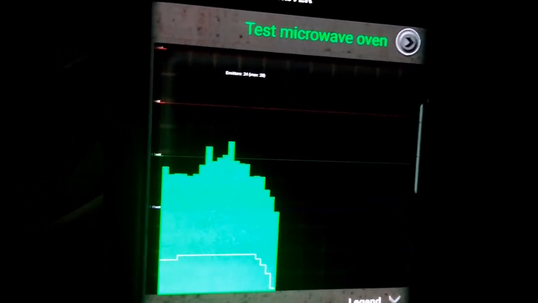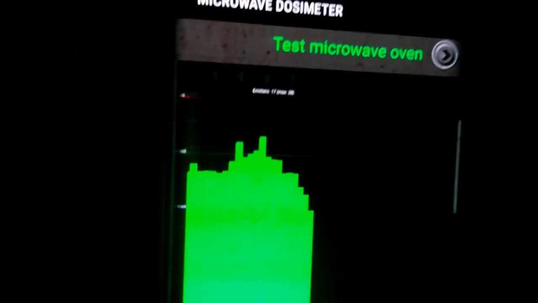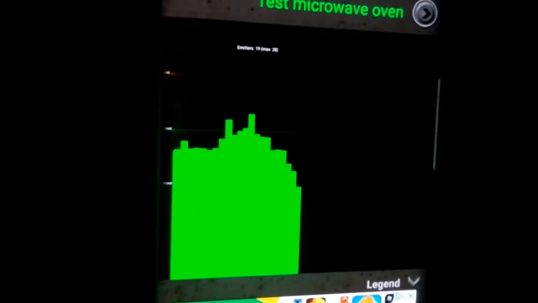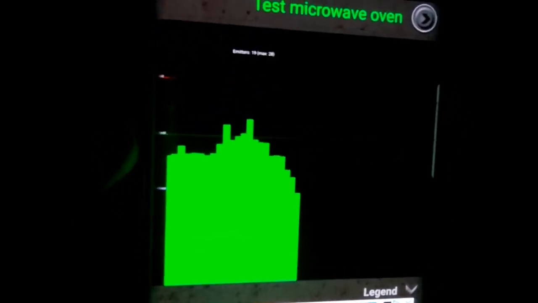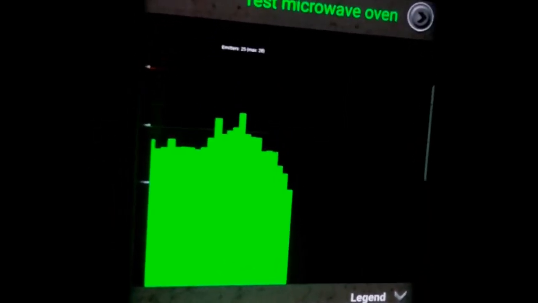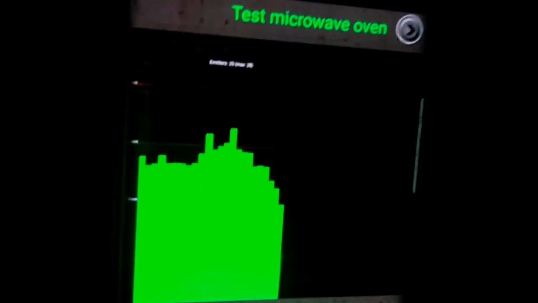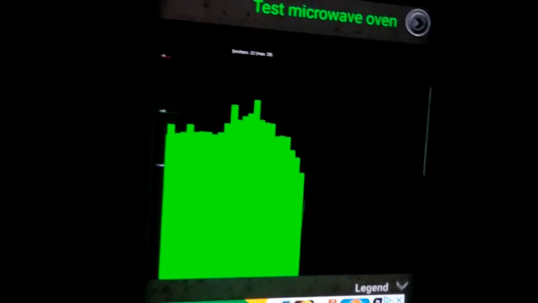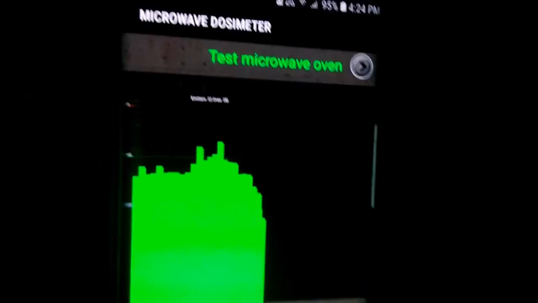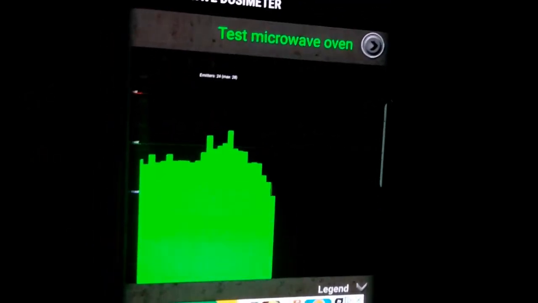There really is no designated safe number. It sort of varies per person. For example, children are much more susceptible, so a lower number is more harmful to children than it is to adults. But again, this sort of varies. So you'll notice there is no set level of safe microwave radiation.